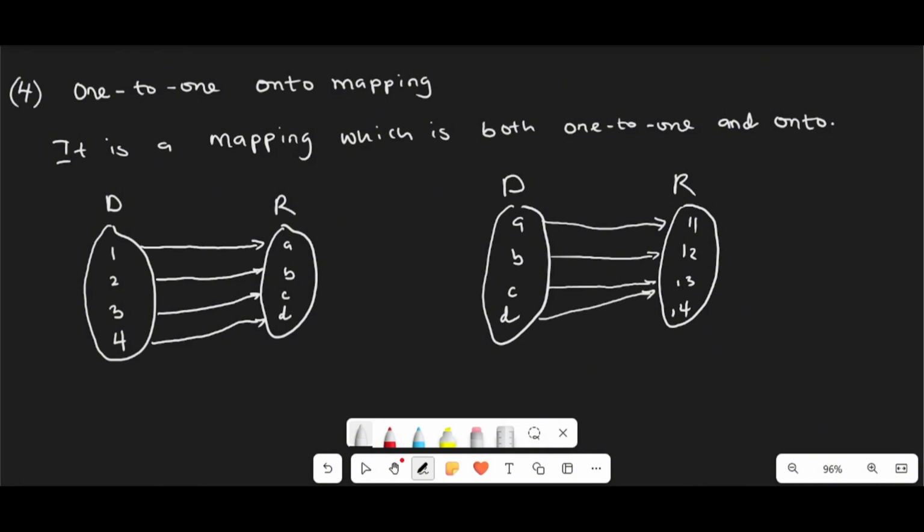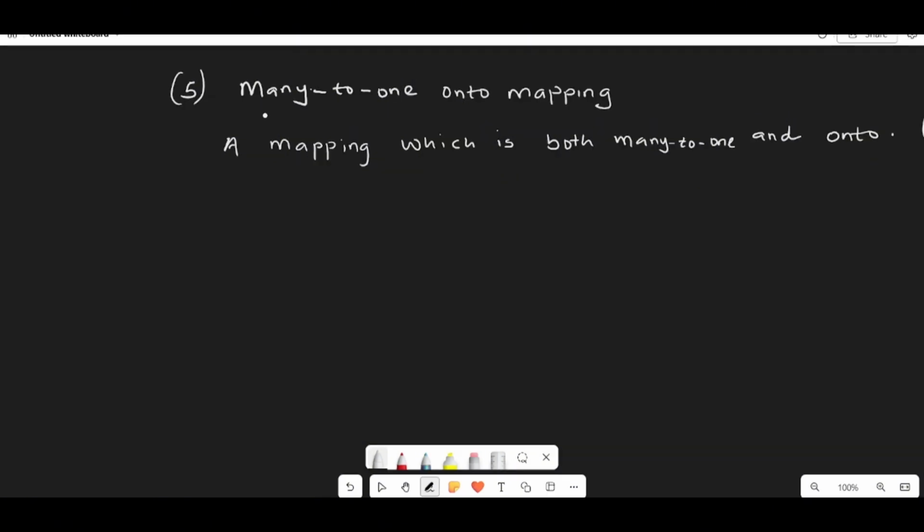And this one now, it is not one-to-one mapping because C and D are mapped with 13 in the range. And also it is not onto mapping because there is an element in the range that is not mapped with any element in the domain. So this example is not one-to-one onto mapping.